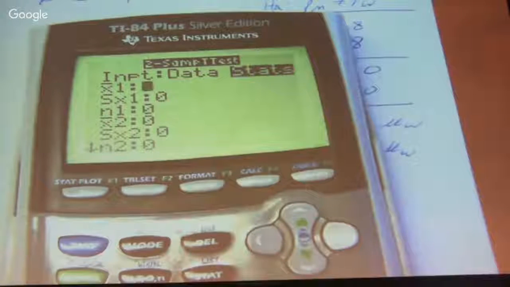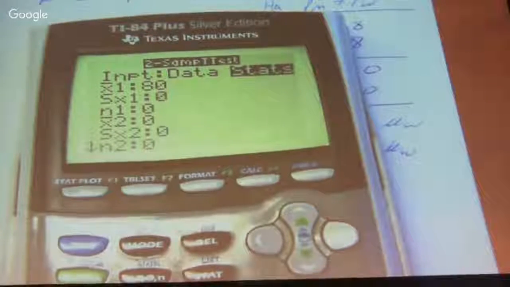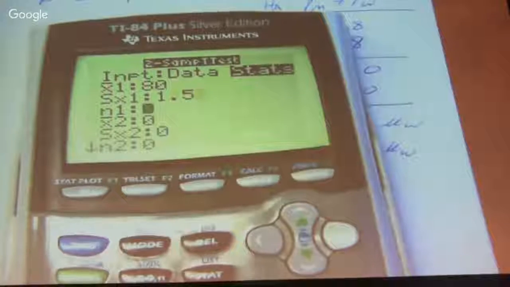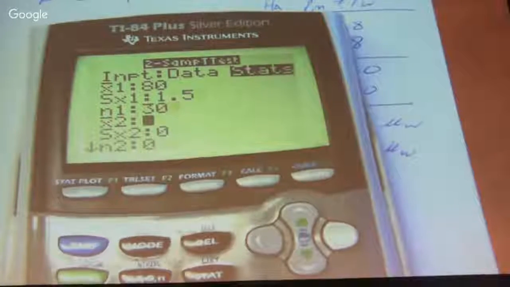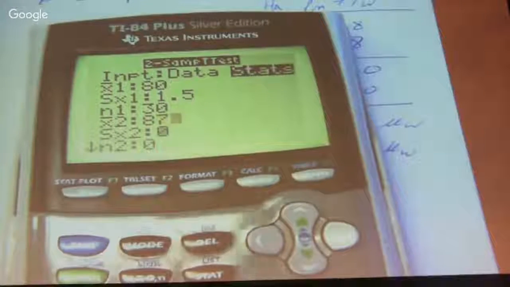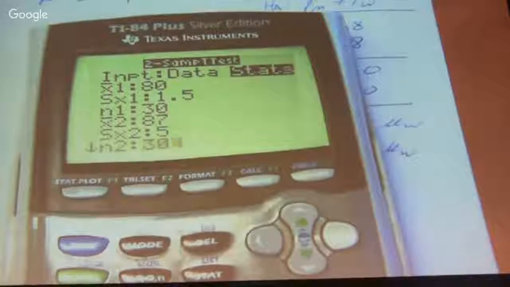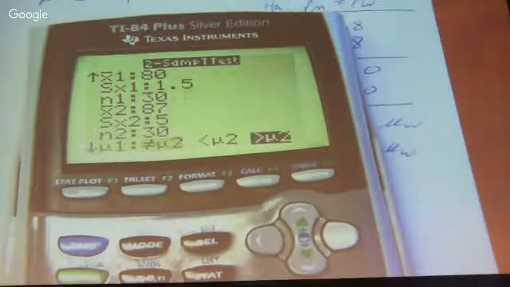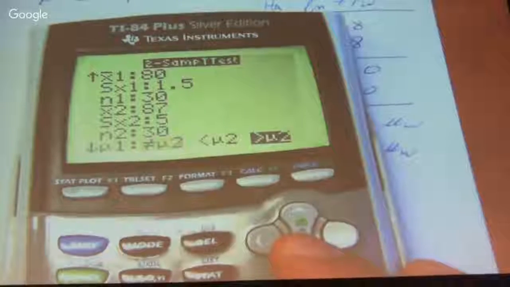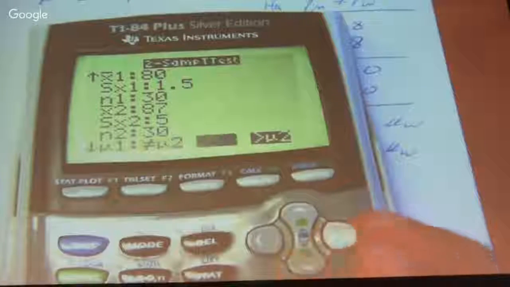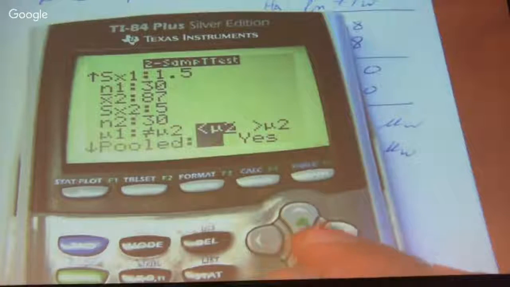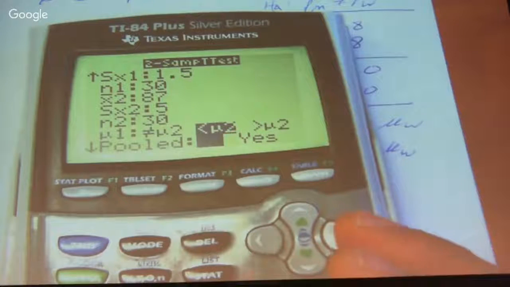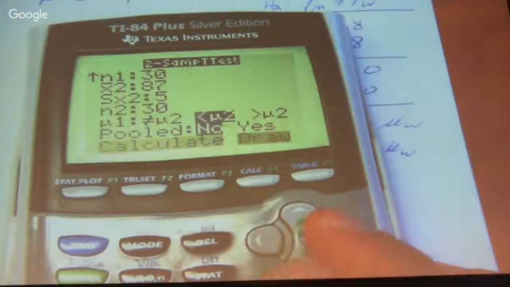The first group is 80, standard deviation of 1.5, 30. The other group is 87.5, 30. Again, they don't have to have the same number, but in this case they do. We're saying that the first group is lower, less than. Pooled is always no. Go to calculate and draw.